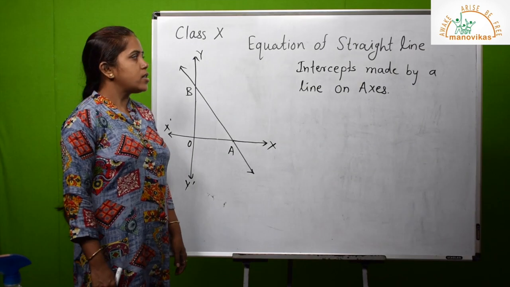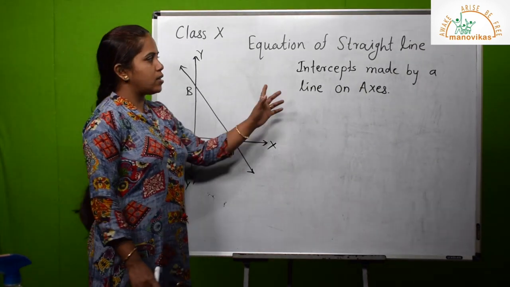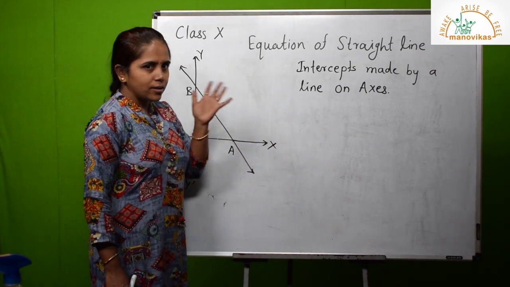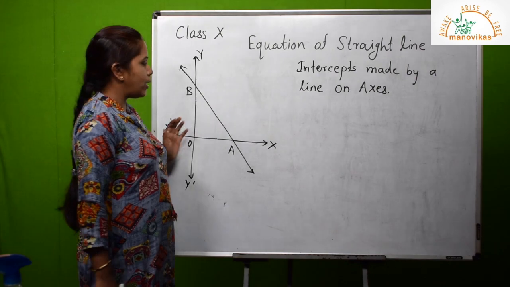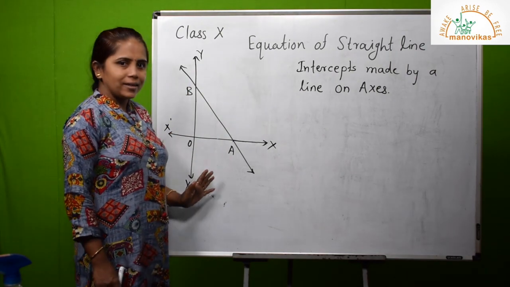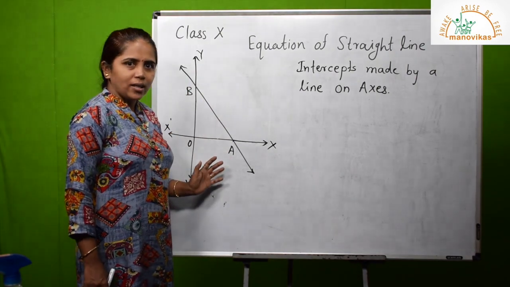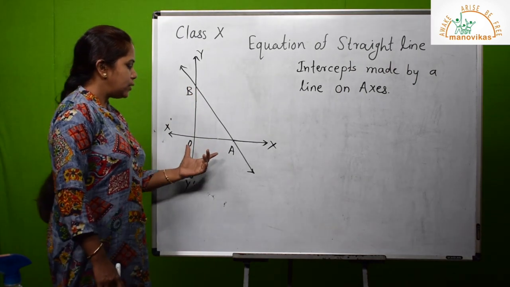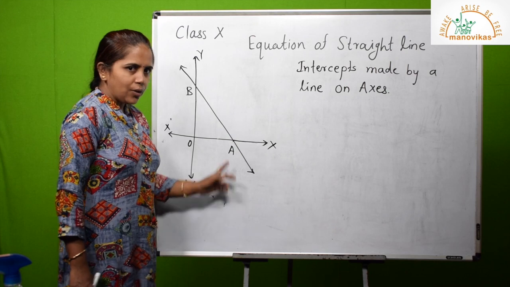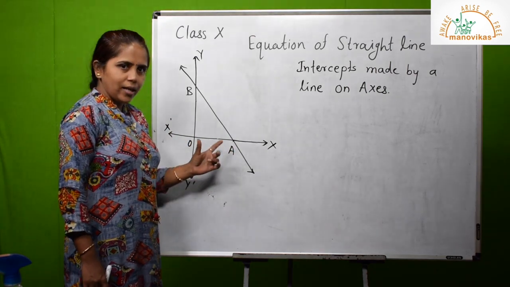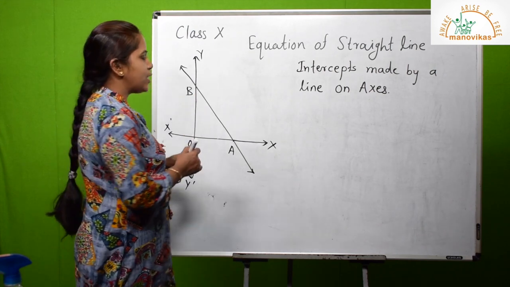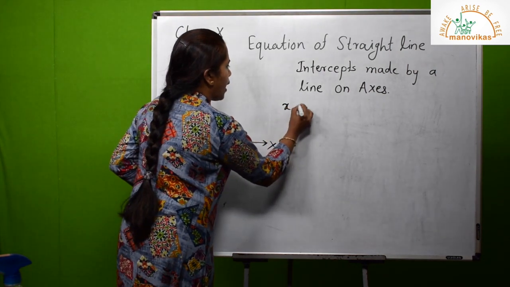Now next part is what is meant by intercepts made by a line on axis. That is intercepts made by a line on x-axis or y-axis. That is nothing but x-intercept and y-intercepts. Suppose AB is the line which intersects x-axis at point A and y-axis at a point B. Then what is meant by x-intercept?